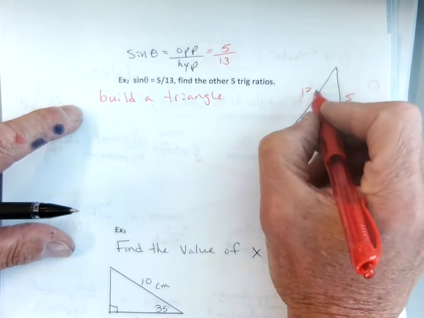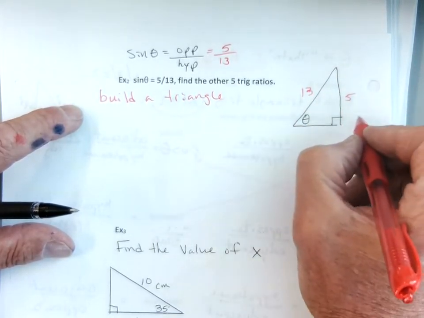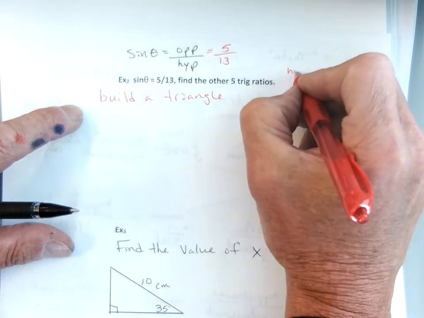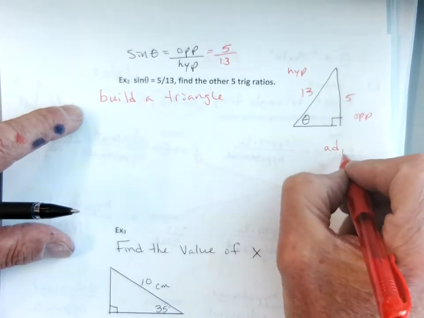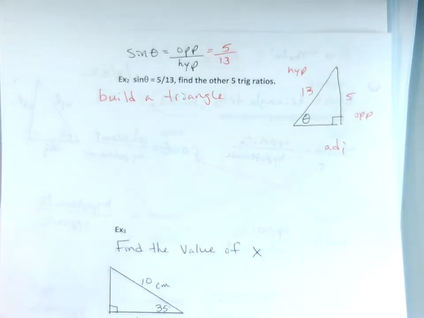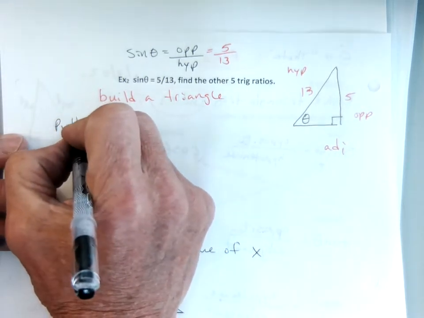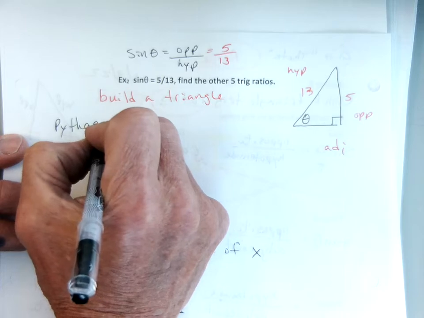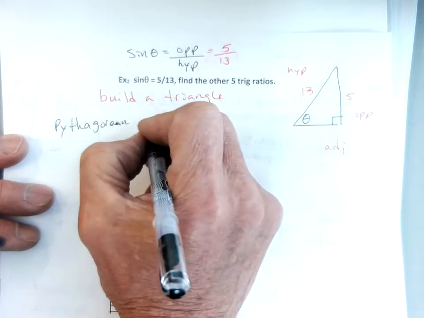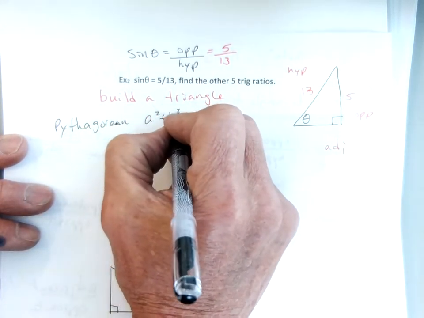Now what I don't know is my adjacent side. But you guys know how to do Pythagorean's theorem, don't you? You know it as a squared plus b squared equals c squared, right?